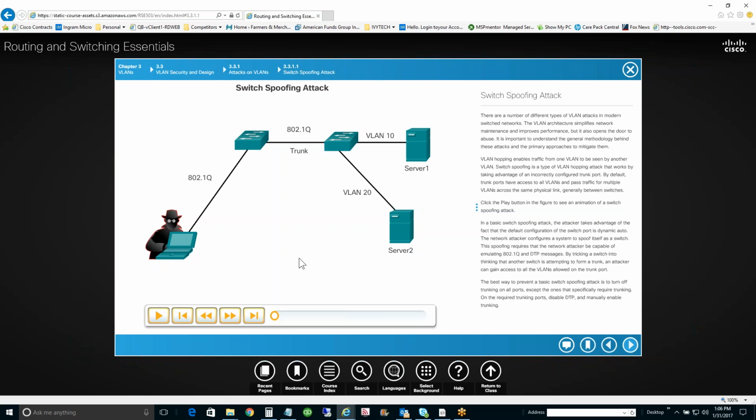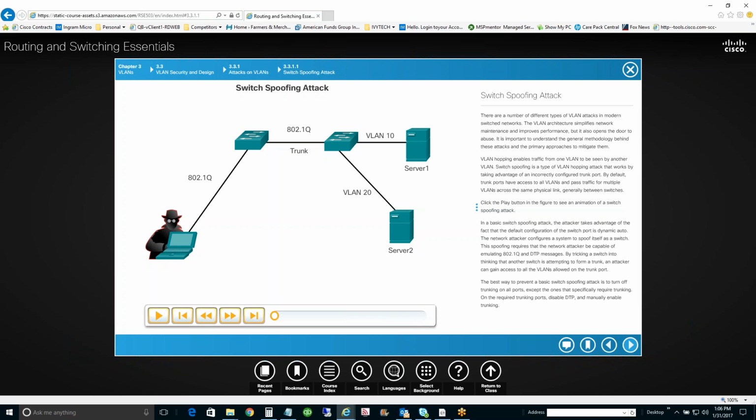Okay, some attacks that VLANs can deal with. There's a switch spoofing attack, where an attacker takes advantage of the fact that the default configuration of a switch port is dynamic auto, which is why I tell you to make sure you've got DTP disabled.